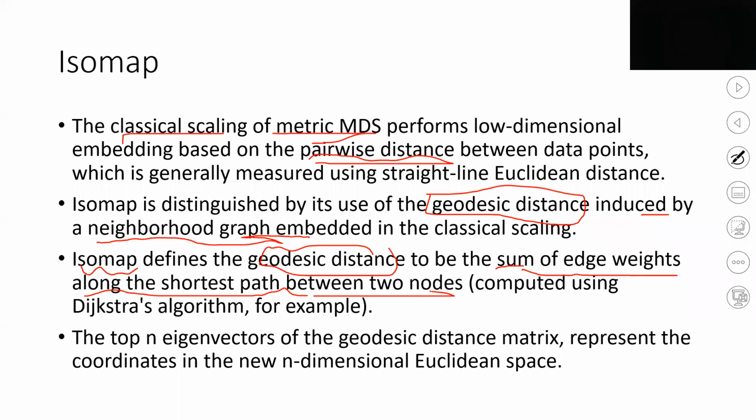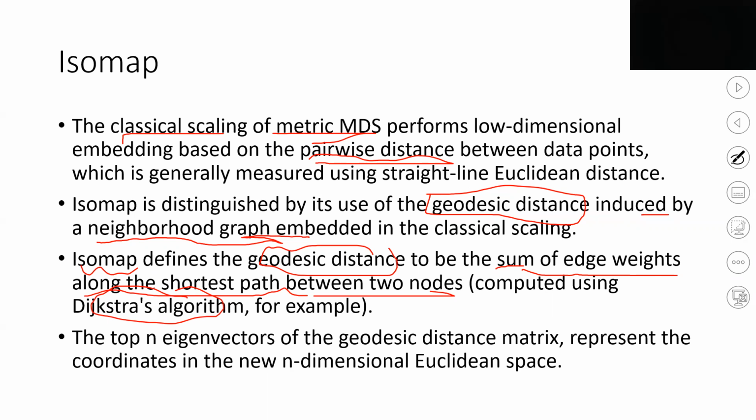So again, we are going to deal with graph theory, and the Dijkstra algorithm is the classical algorithm. If you have a network and you pick two nodes on the network, you can find the shortest path using that.